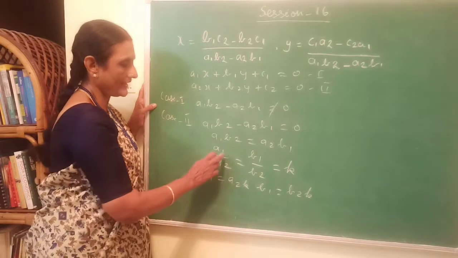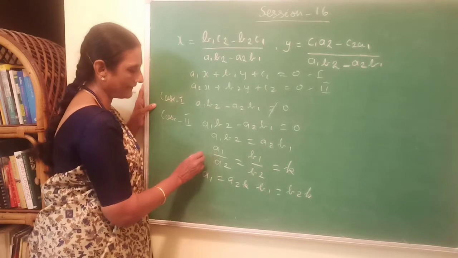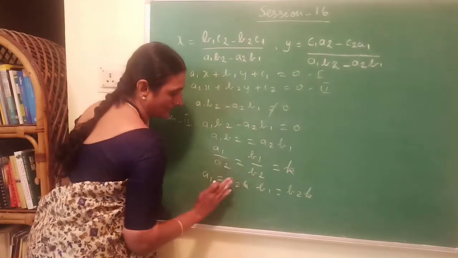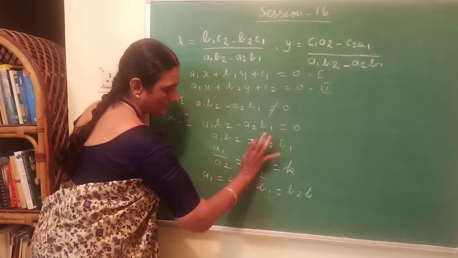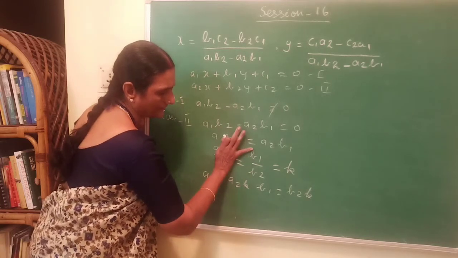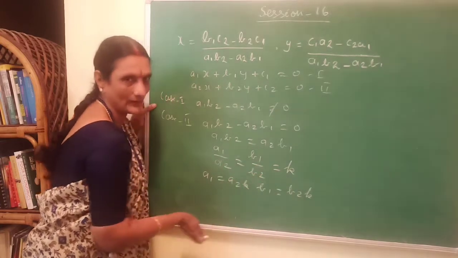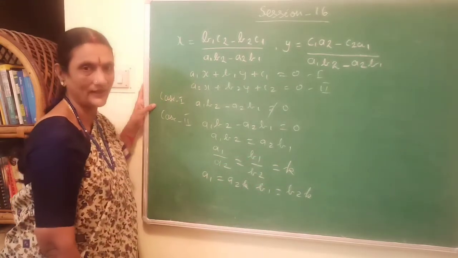So A1 by A2 is equal to k. When I say A1 is equal to A2k, don't look at B1 by B2. A2 goes here and A1 we have got. When I say B1 by B2 is equal to k, don't look at A1. These both are equal, isn't it? So B1 is equal to B2k. That way you have to understand.